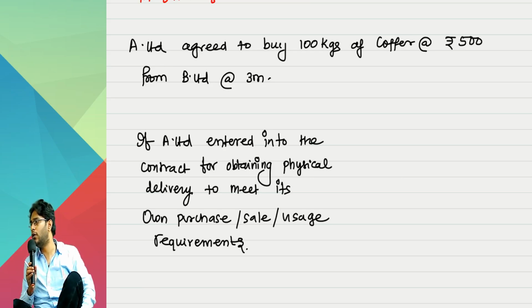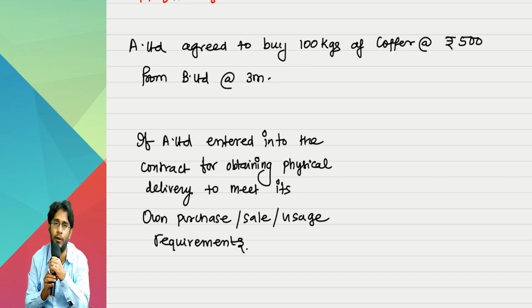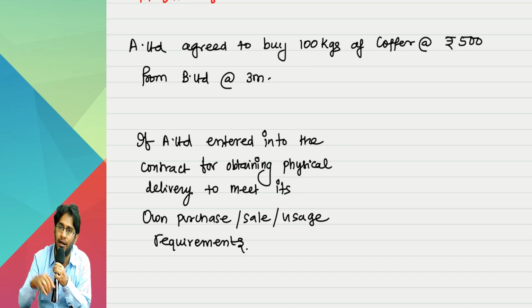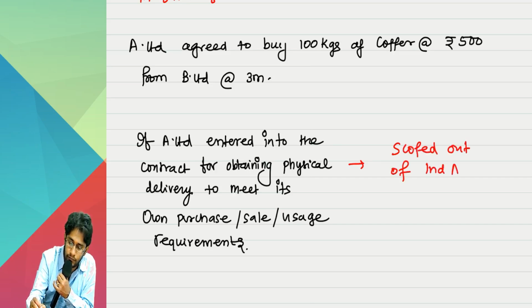To meet my own usage requirement, my own sale or purchase requirements in the business, I entered into a contract to buy copper. And ultimately also, am I taking physical delivery only? Yes. Therefore, this is the only case where the contract is scoped out of Ind AS 109.